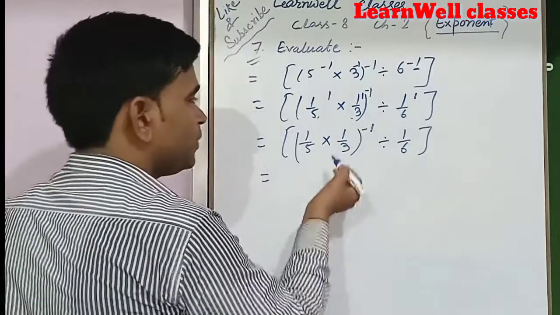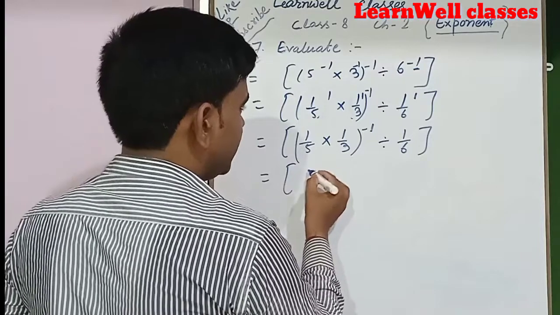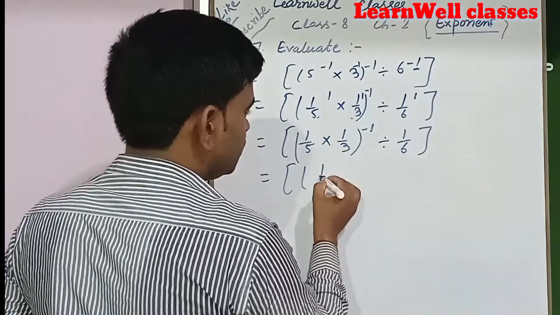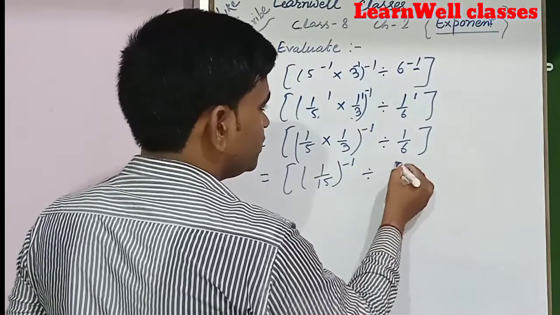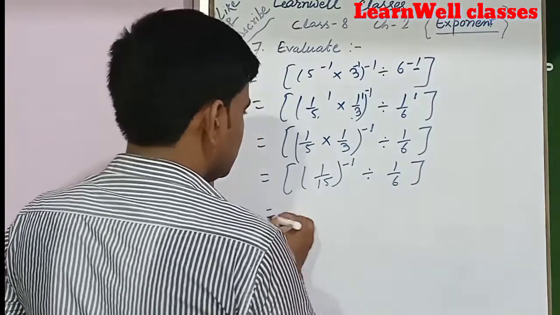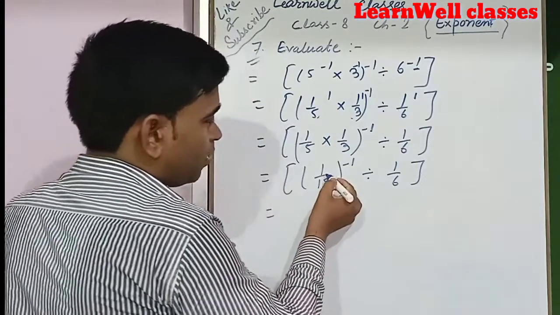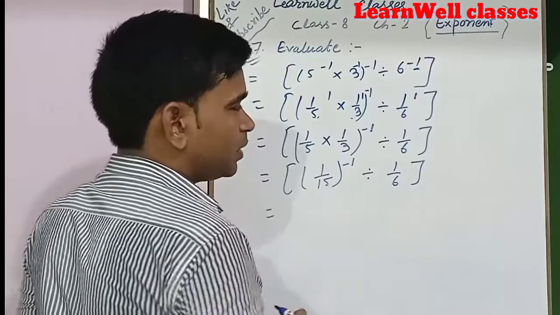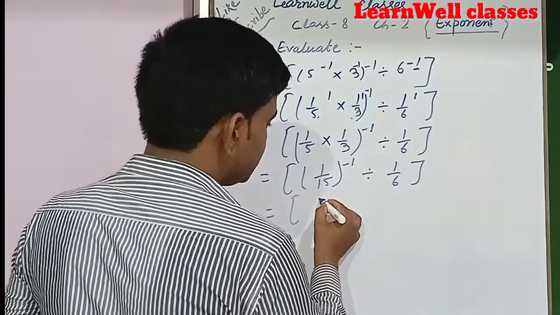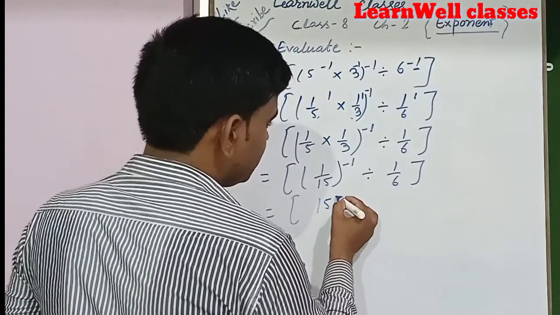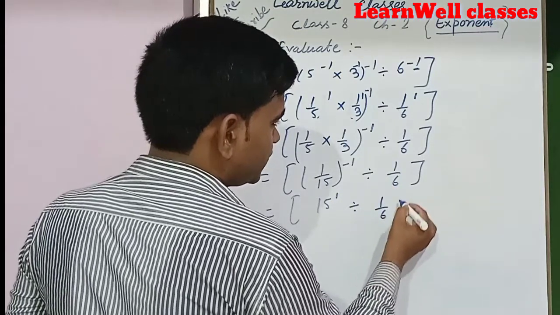So we have 1 upon 5 into 1 upon 3: 1 1 is 1, 5 3 is 15, raised to the power minus 1, divided by 1 upon 6. When 1 upon 15 is raised to the power minus 1, it will be reversed, so we write 15 upon 1 divided by 1 upon 6.